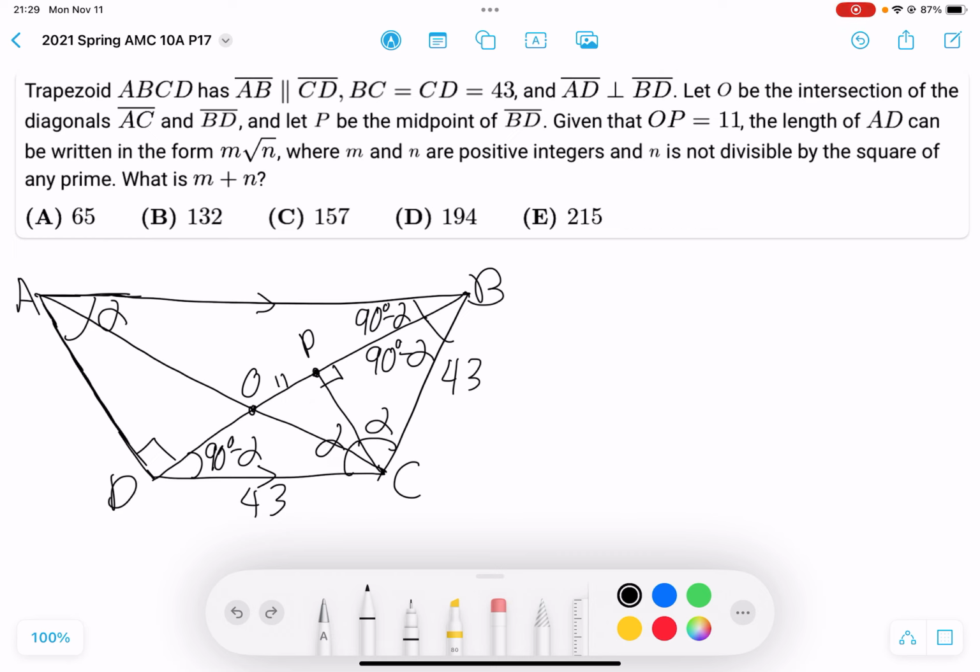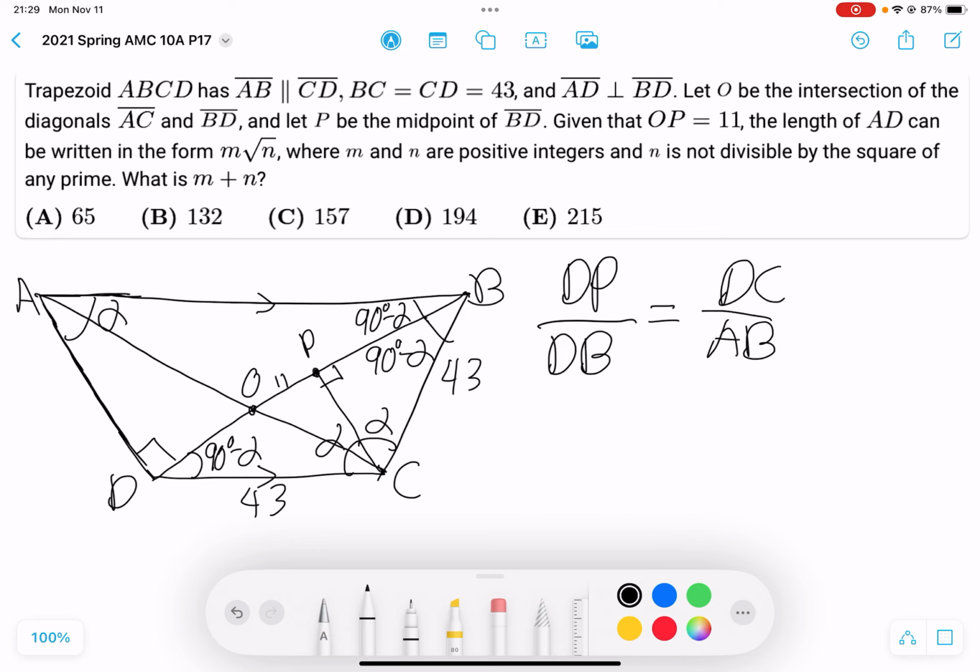we therefore know that we have the ratio of sides, right? So we know that the longer leg, which is clearly DP, over the other longer leg, which is clearly DB, is going to be equal to, say, PC over AD, or DC over AB.